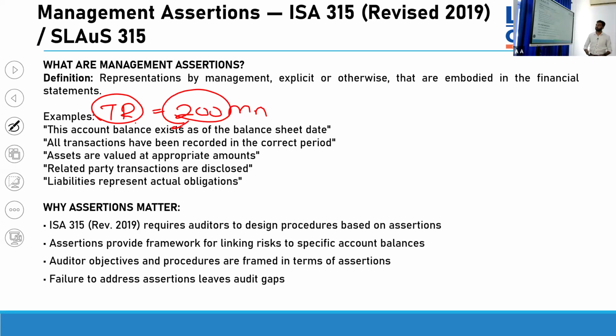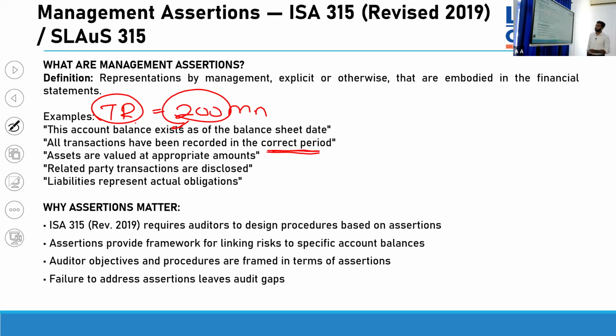Existence. Actually there are receivable balances, as well as all transactions have been recorded in the correct period.